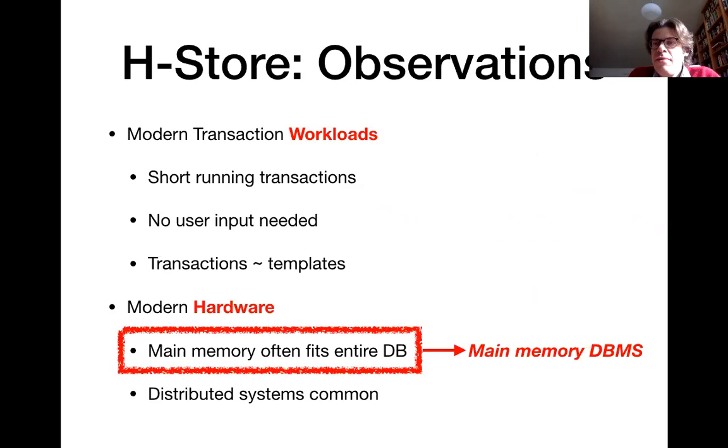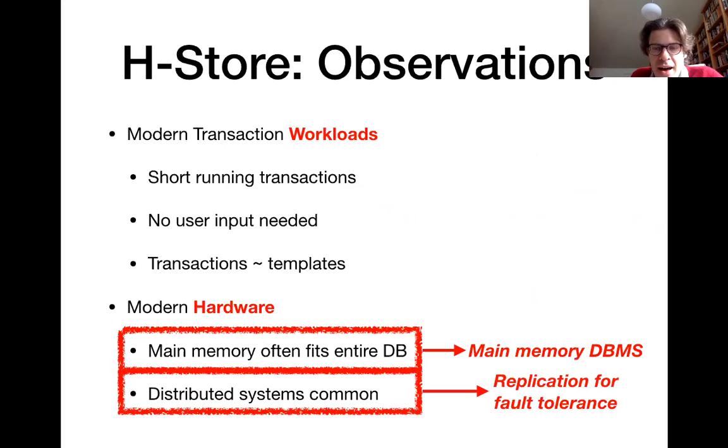Because main memory has become cheap, we want to exploit that and actually store the database in main memory. Here, we have already heard that recovery can be difficult, but what we can do is simply create multiple nodes, independent machines, which store the same data. And if one of them crashes and loses the main memory content, we can just use data on the remaining nodes that have the same data and remain online.